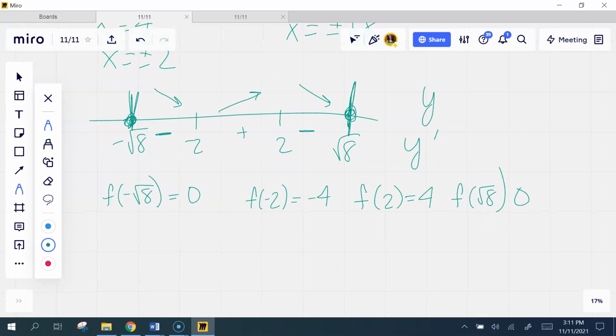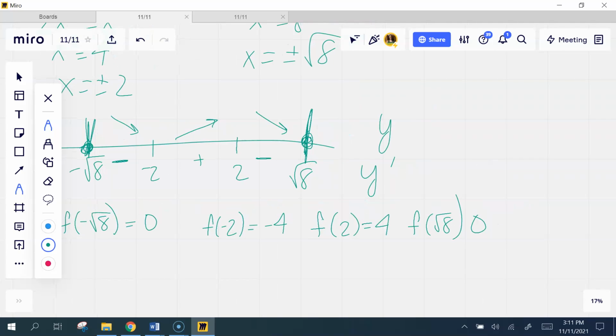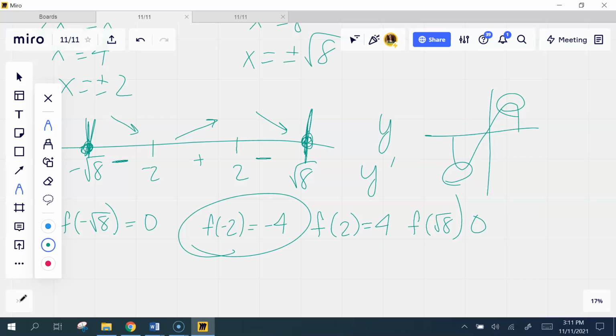So this graph comes out looking a little funky, and it does a little something like this. These are those maxes and mins that we just found. I have a minimum value here of negative 4 at x equals negative 2. That is this point.